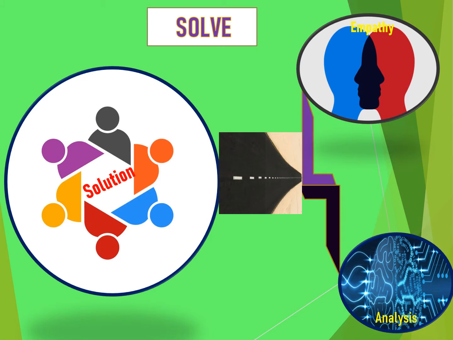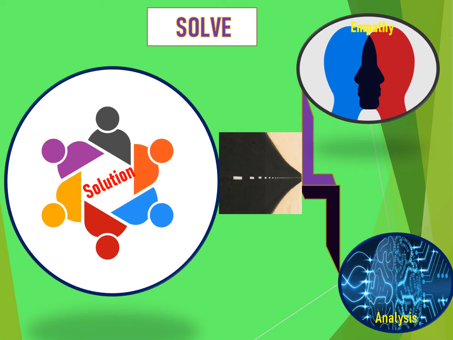So friends, as I just mentioned, we are now looking at a very important and exciting part of design thinking, that is solve. Let us look back at the two important stages we have crossed.